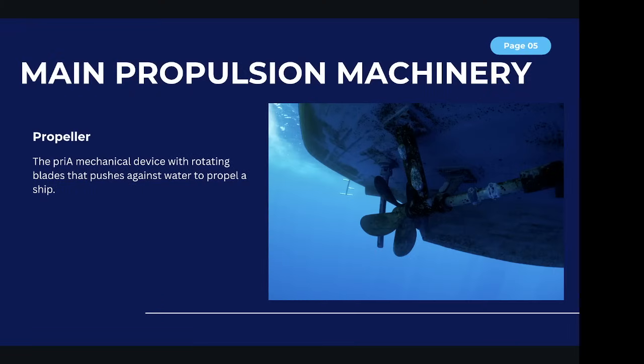It works by creating a pressure difference on the blades. The function of this propeller is the primary means of propulsion of most ships. It is essentially a rotating fan, typically with multiple blades, that pushes the water backward to generate the forward thrust.